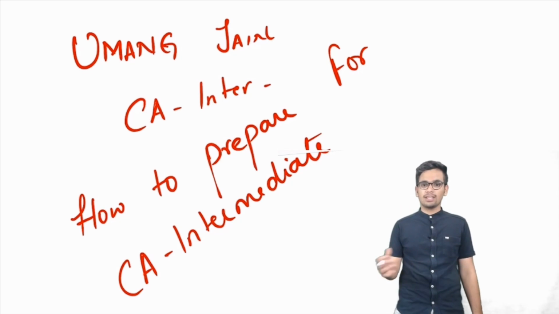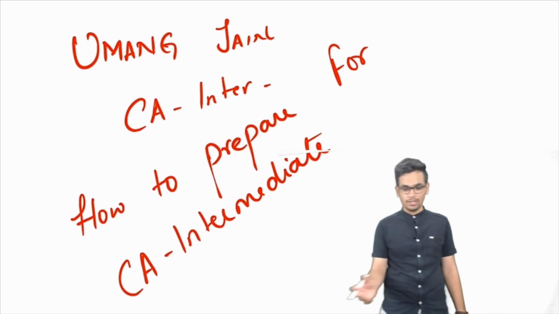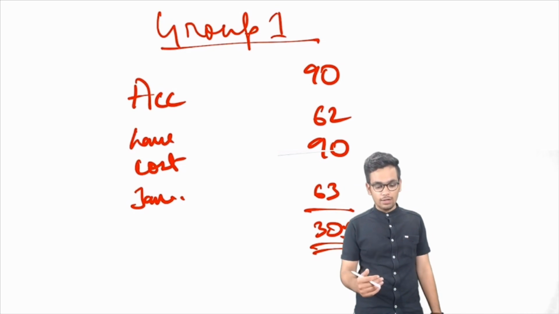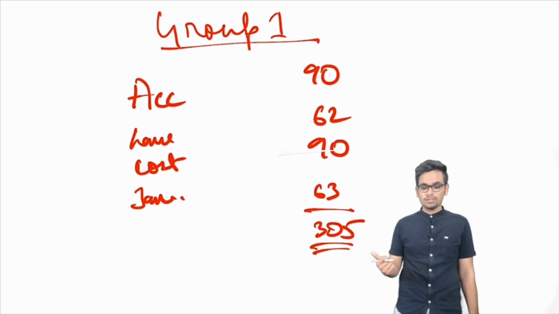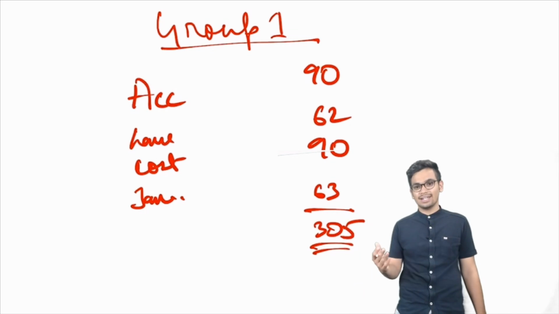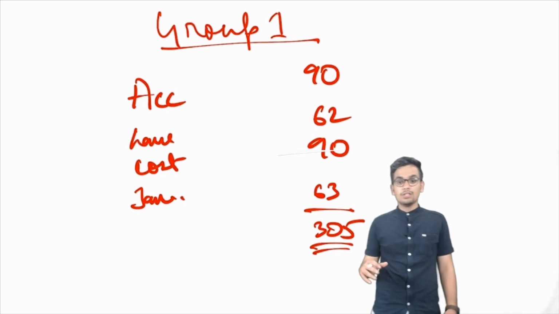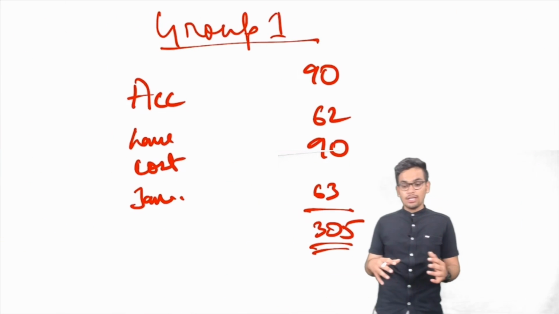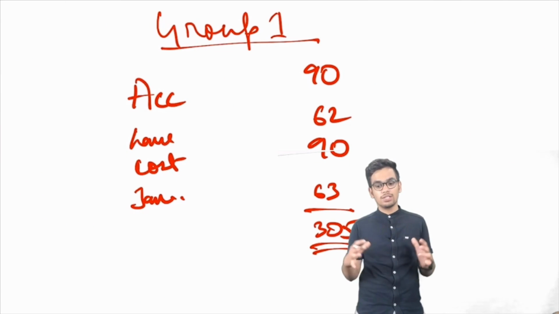So just a background about my marks, how much I got. Regarding group 1, accounts I got 90, law 62, cost 63, tax 60. If you see the group 1 marks, the main focus of mine was on the numbers.